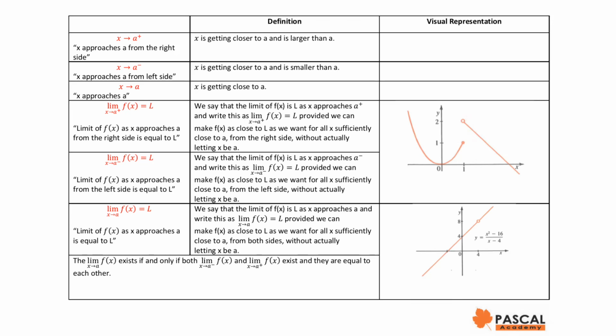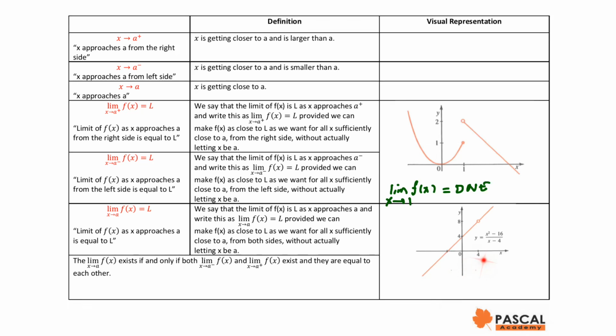Both the right and the left side limits as x approaches 1 exist, but they are not the same. Therefore, the limit of f of x as x approaches 1 does not exist.